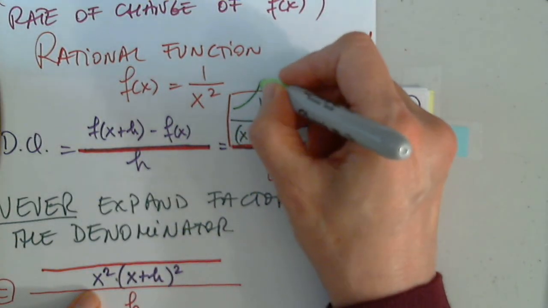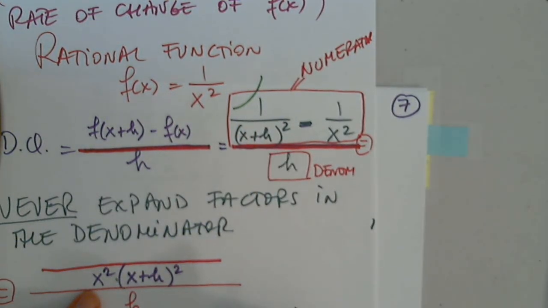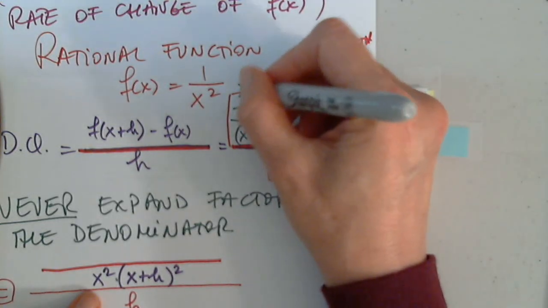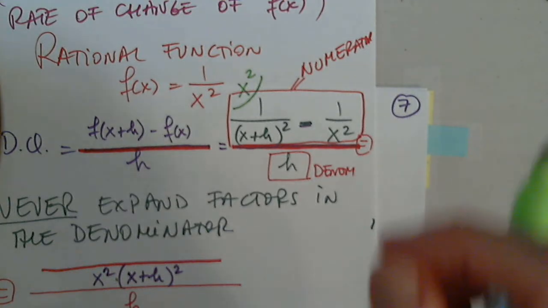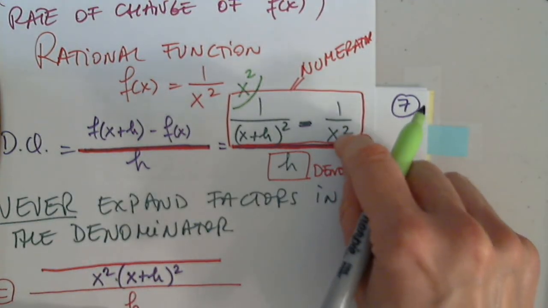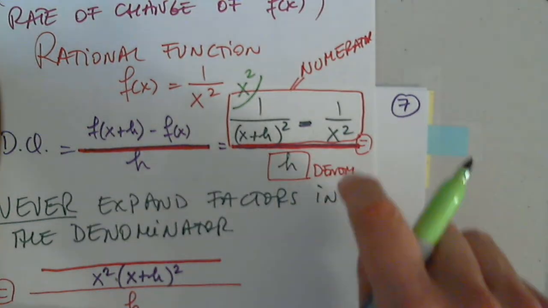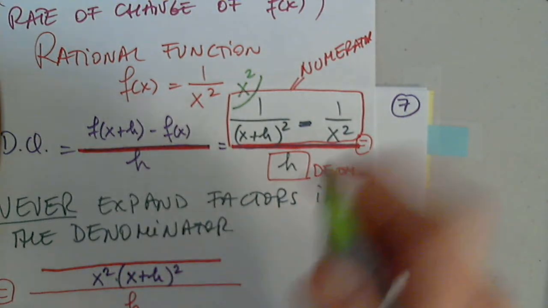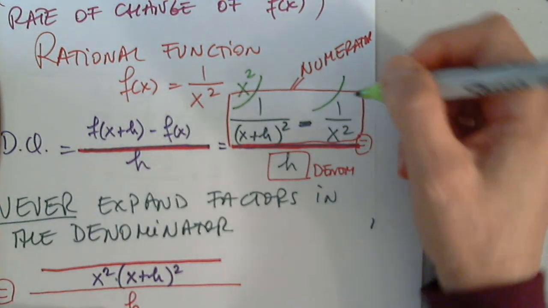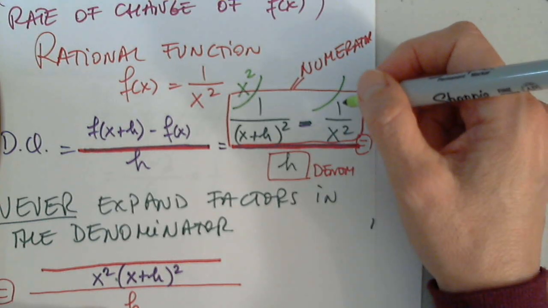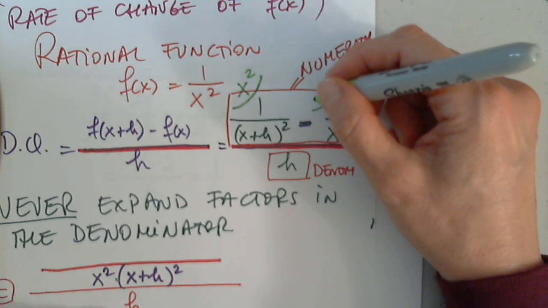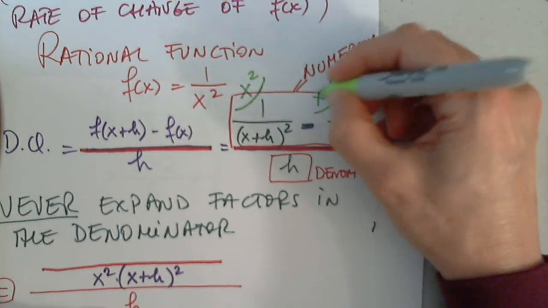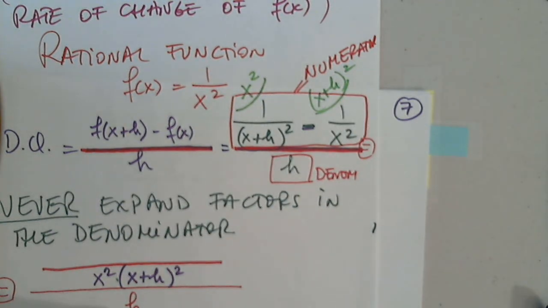Mandatory, I have to multiply the numerator by x squared. Absolutely. The initial denominator had x squared. I multiplied it by this quantity. So the numerator has to be multiplied by, automatically, mandatory for sure, x plus h squared. That's it. Now let's stop for a moment.